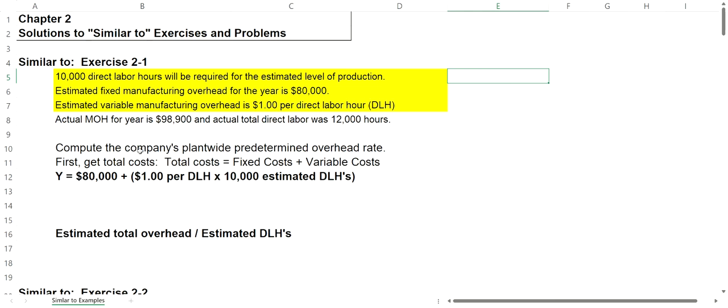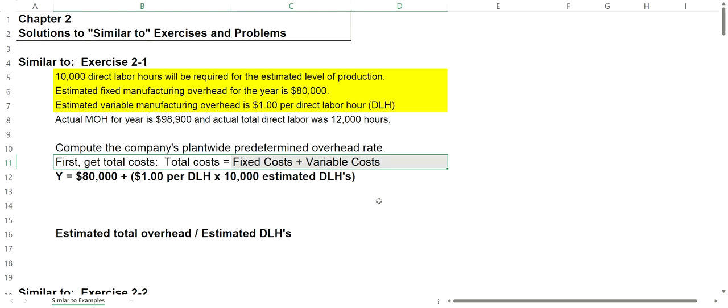So the first thing you have to do is determine the total overhead cost, the estimated total overhead cost. It gives us estimated fixed is 80,000 and estimated variable is $1 per direct labor hour. So I can calculate total cost by taking the fixed manufacturing overhead and adding it to the variable manufacturing overhead.